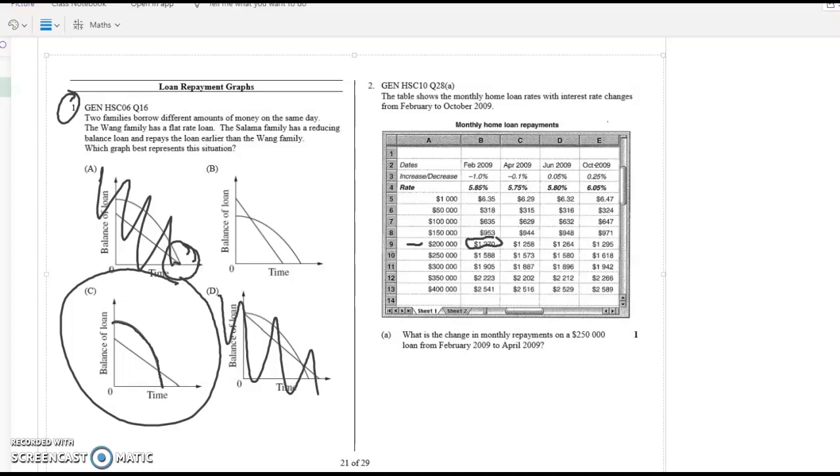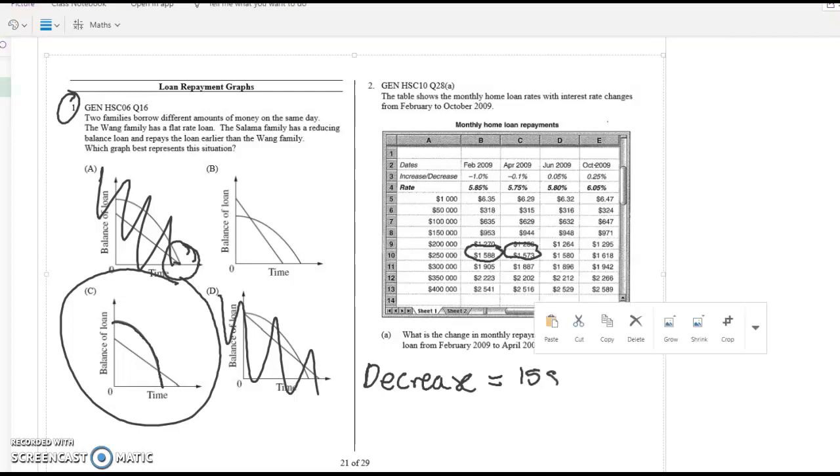Okay, so if it's a $250,000 loan, then what we care about is this guy here, 1588, and then the change to April is 1573, and so we can see that it's a decrease, and so it's going to be a decrease of the difference between those two, 1588 minus 1573, which is $15.